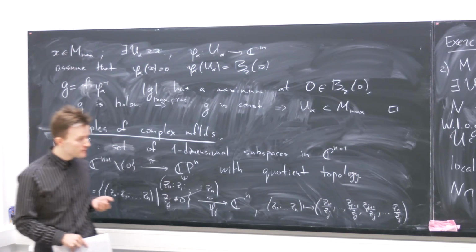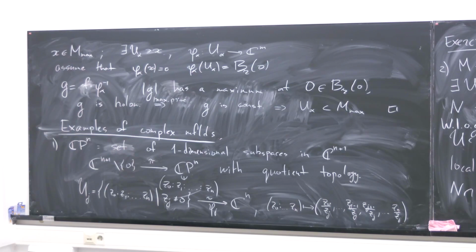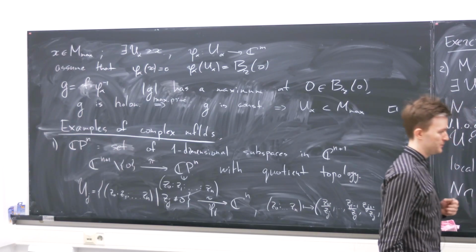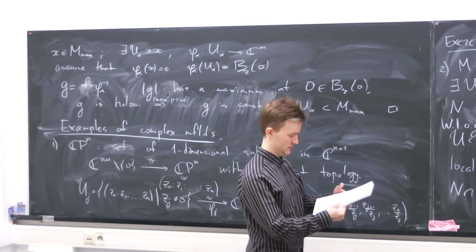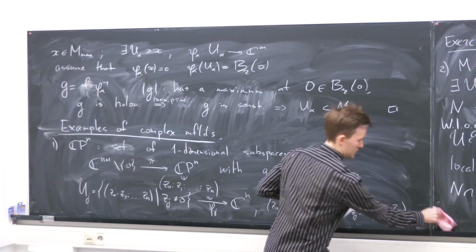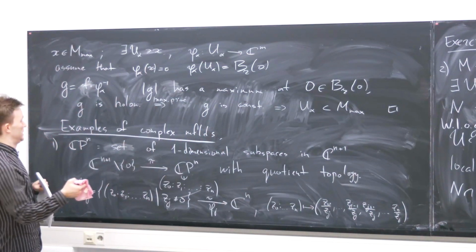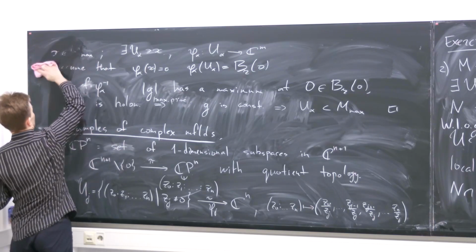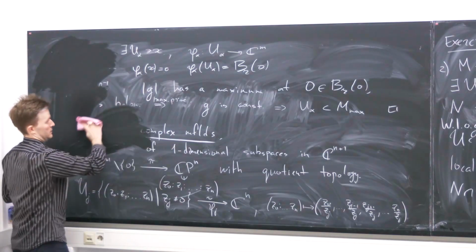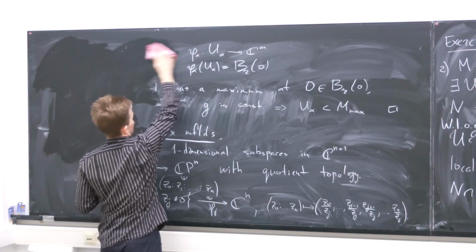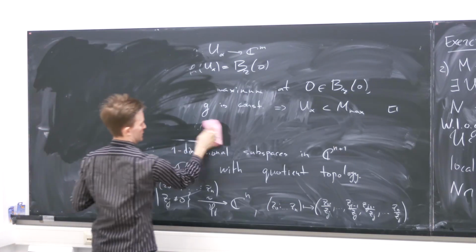If those polynomials satisfy the condition that the Jacobi matrix at every point has rank k, then we get complex submanifolds of CP^N. So they will not only be complex manifolds, but actually algebraic varieties. And in particular, they will be the most important examples of Kähler manifolds.